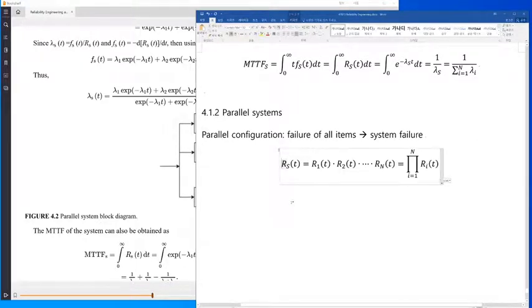In case of a parallel system, F, the cumulative distribution function, or the failure probability of the system, the failure of the system is only possible when all components fail.